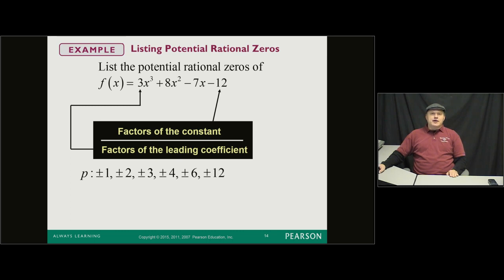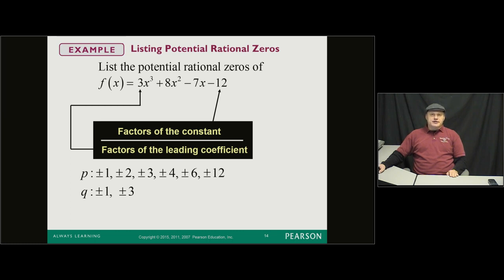Now, q is going to be all the possible factors of the 3 out front, and it's going to be plus or minus 1 and plus or minus 3. So that list is considerably shorter, but sometimes it's long as well. So we're going to have to divide every one on top, the plus or minus 1, all the way out to plus or minus 12, by the plus or minus 1.